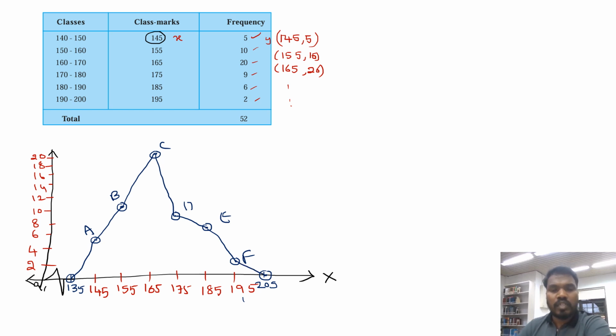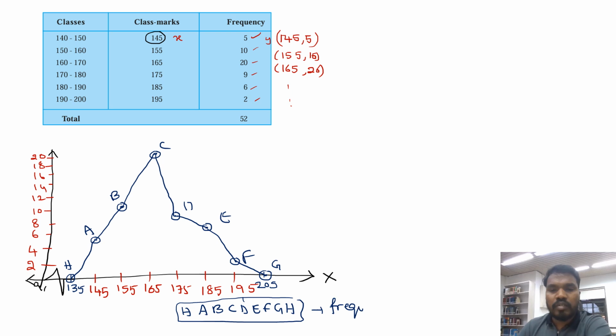Then it is a closed figure. You just give the names F, G, H. So your H, A, B, C, D, E, F, G, again go back to the starting point H. So this is a closed figure.